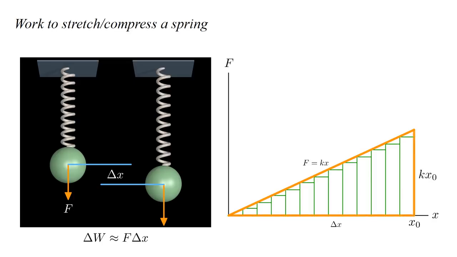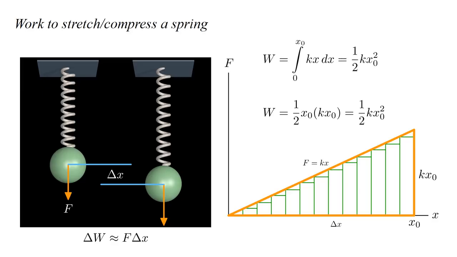This is approximately the area of the orange triangle, and the approximation gets better the smaller delta x is. Letting delta x become infinitesimally small, and using the formula for a triangle's area, we find the total work W is 1/2 the base, x0, times the height, kx0, or 1/2 kx0 squared.